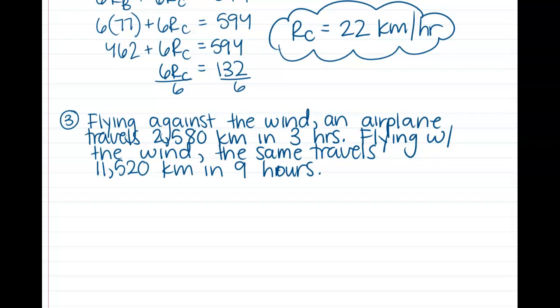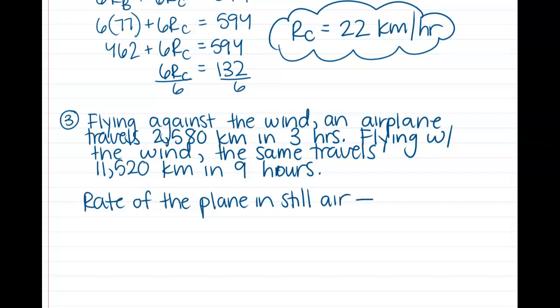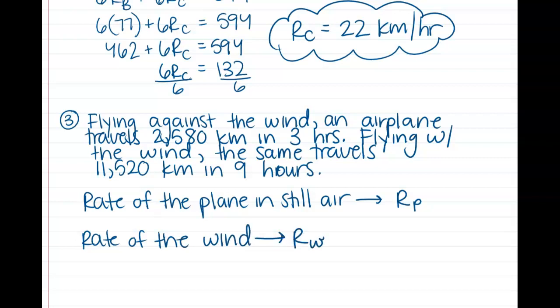We want to find the rate of the plane in still air. I'm going to call this RP for rate of the plane, and the rate of the wind, and I'm going to call that RW, rate of the wind.